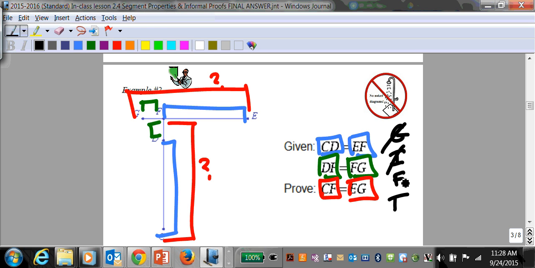What's implied and kind of a freebie? What's implied is that these segments, bunny hop that, those little segments add up to what color? Red. Okay, ready? Bunny hop this. And those little segments also add up to red.